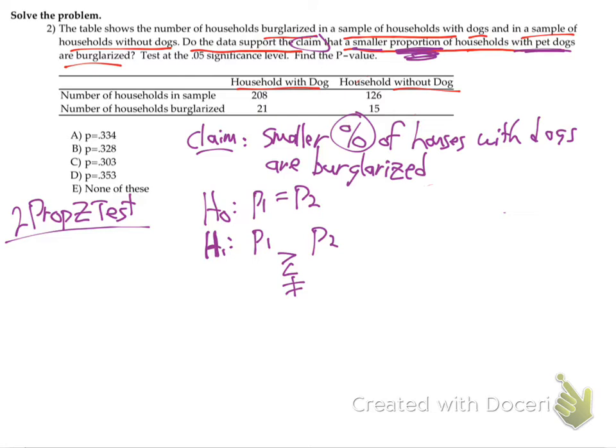Okay, but which one is it? Is it P1 greater, less, not equal? What's it saying? Smaller percentage of houses with dogs. So the dog one is smaller. Which one's the dog one? We just go in order. The with dog is P1, that just comes first. Without dog is P2. I take them in the order they are in the table. So P1, they're saying the smaller percent is the with dogs.